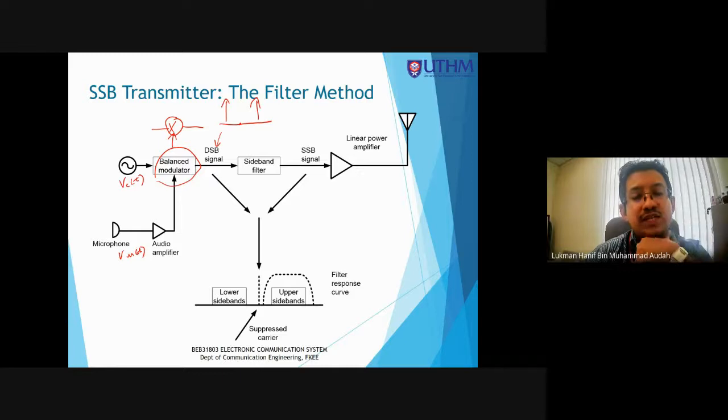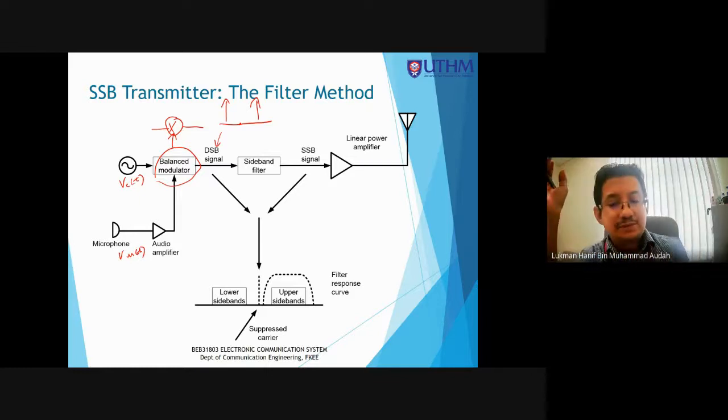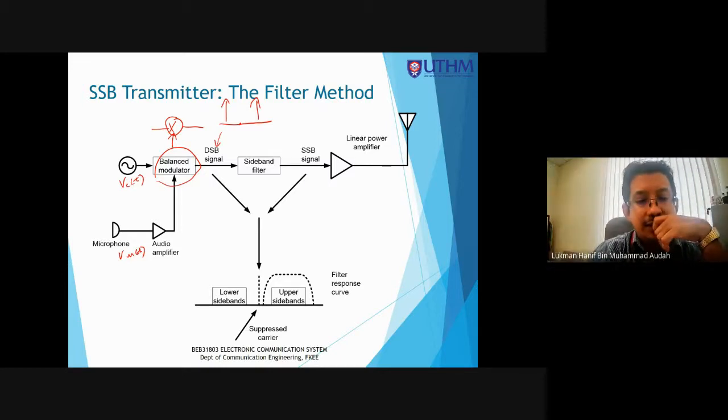So untuk menghasilkan single sideband bermakna kita perlukan filter untuk select upper or lower sideband. Dalam kes ini, kalau dilihat gambar rajah ini, dia ingin select upper sideband.